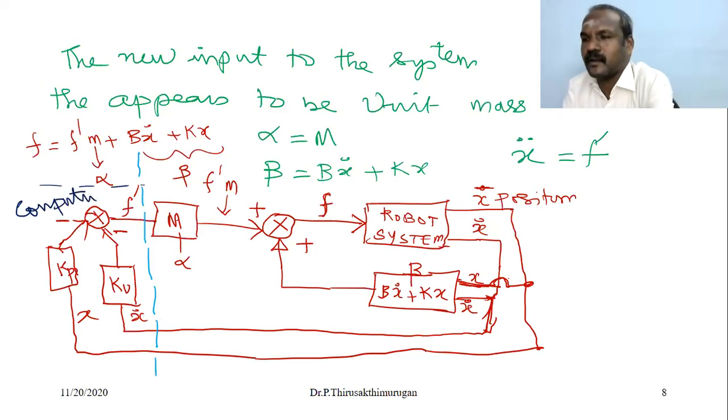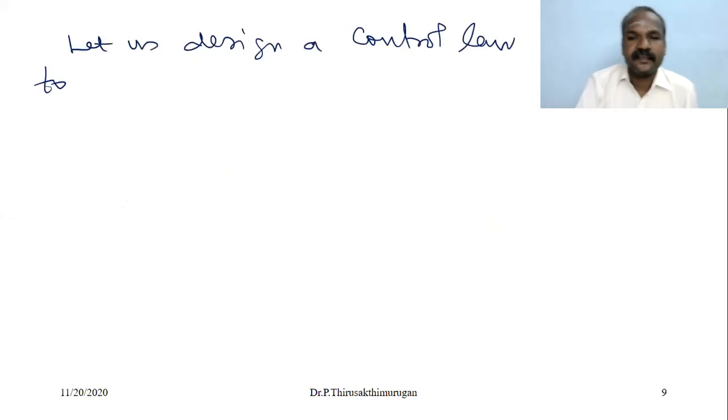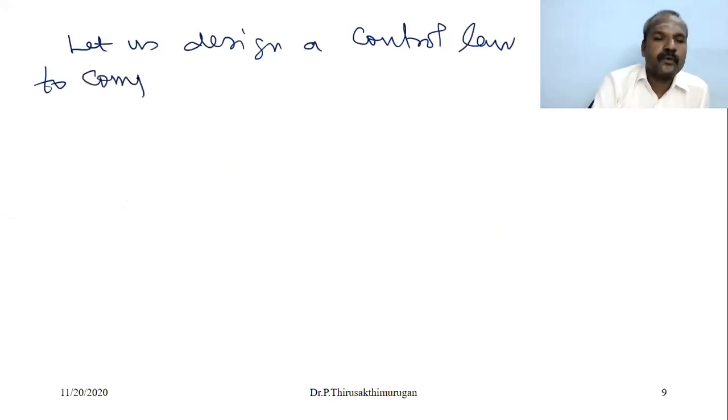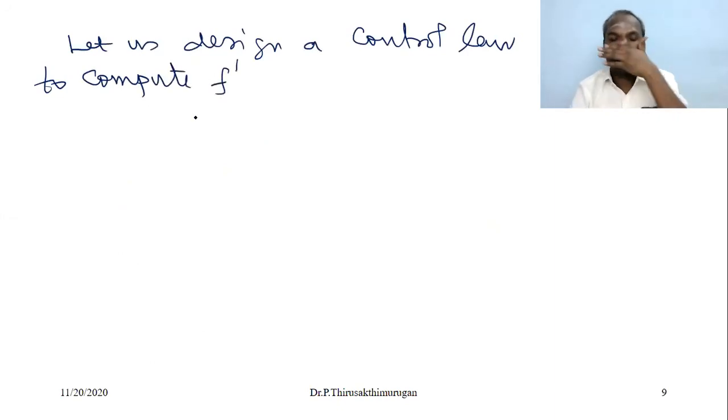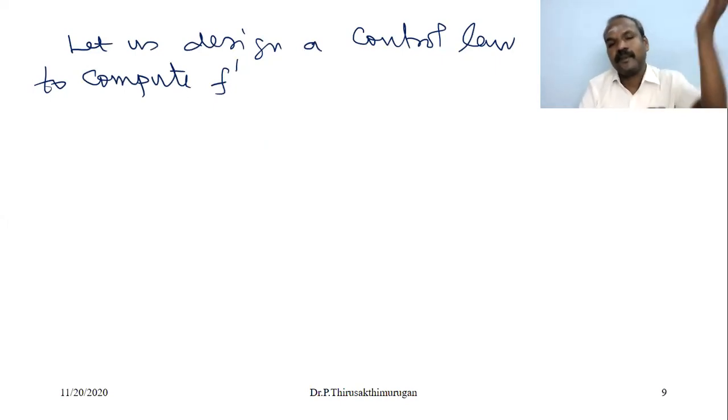So let us design a controller to compute f dash. F dash is the output signal from the controller to actuate the system. Okay. So what is f dash? How to compute this? You just follow the previous one.